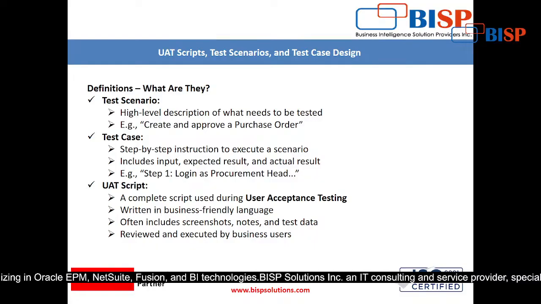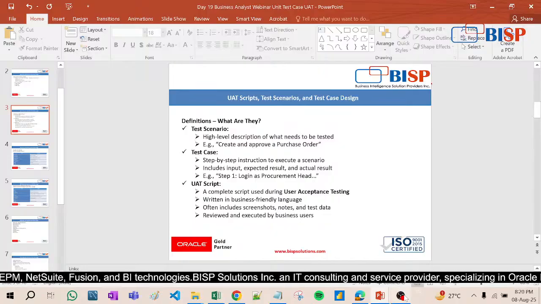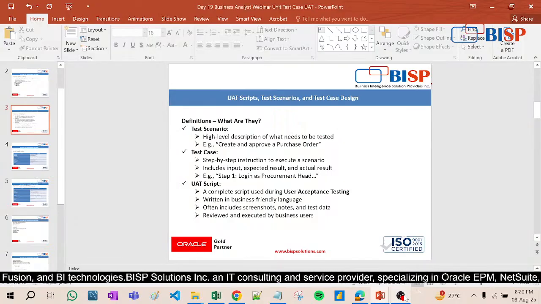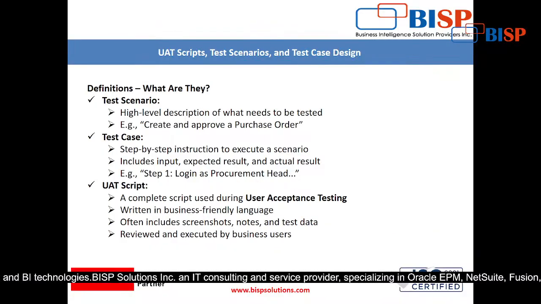UAT script. So this is called, test scenario means create and approve a purchase order. Test case means step by step whatever we need to perform.